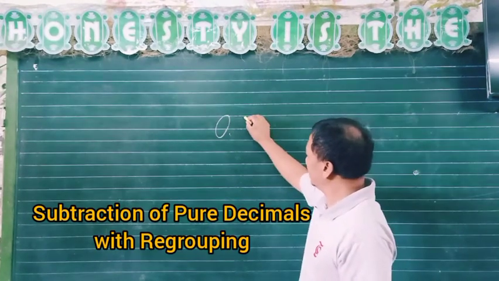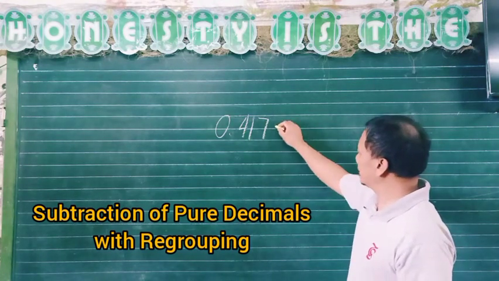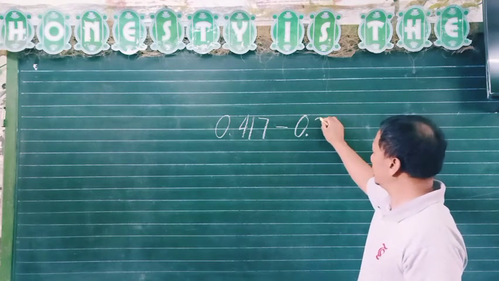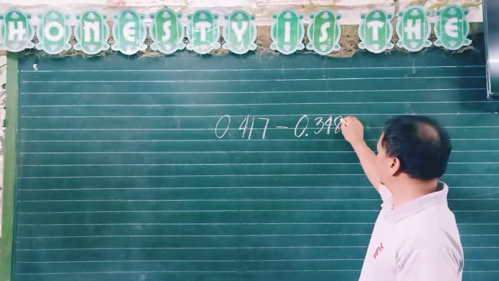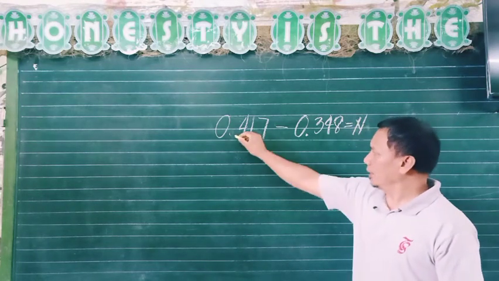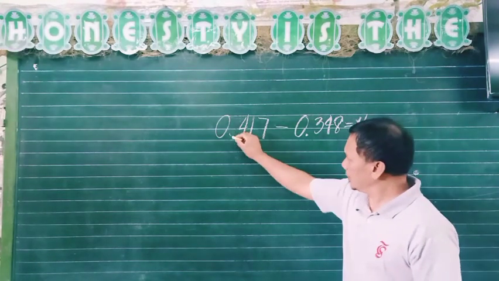Okay, another example is 0.417 minus 0.348. Going back again to the steps.